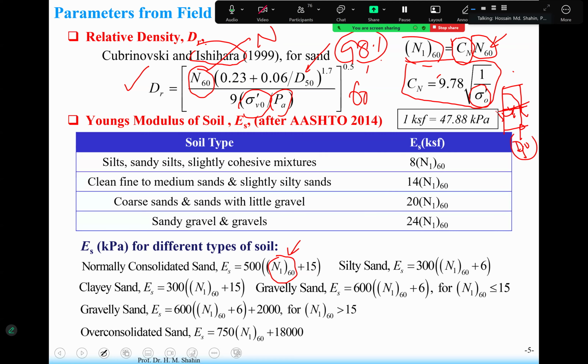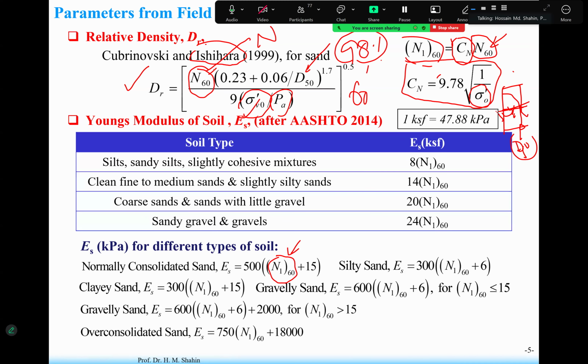But you need it, maybe for environmental design. If I can, I will give it to you. So you need D50, then you need sigma V0, and then N60.